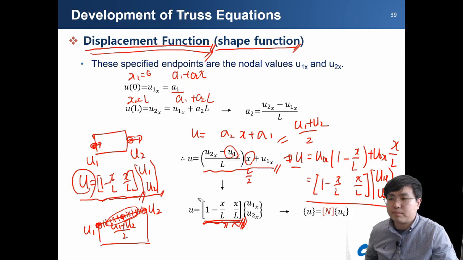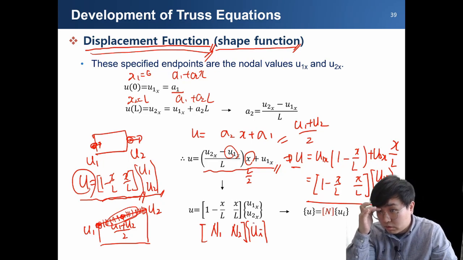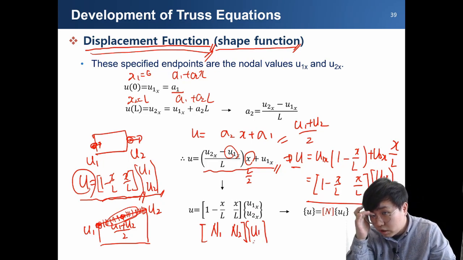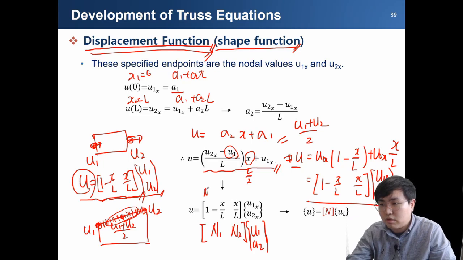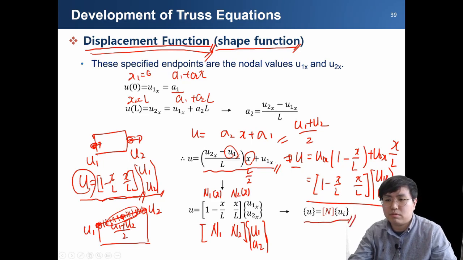So we can say that this component becomes N1 and this component N2, and then this is u1 and u2. This N1 is a function of x, and N2 is also a function of x. So we can write this in matrix notation.